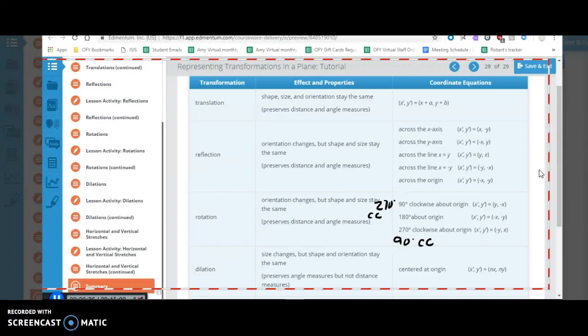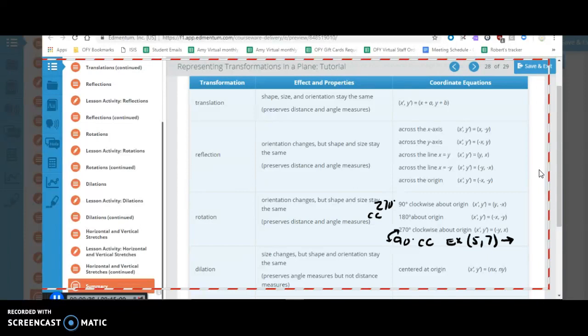So those are switched. If we're going 90 degrees counterclockwise, what happens to the x and y? The numbers first switch, and then the new x becomes negative. An example of this, say we have (5, 7) and it has a 90-degree counterclockwise rotation, because these are the same.